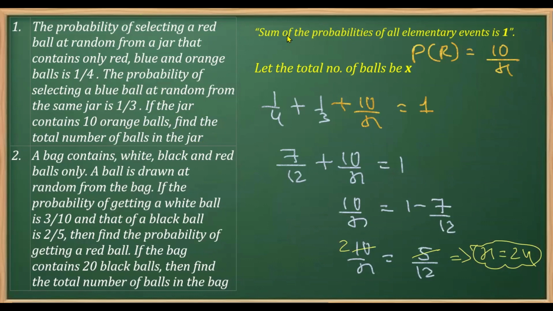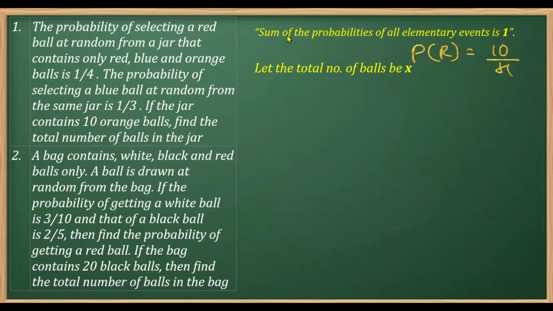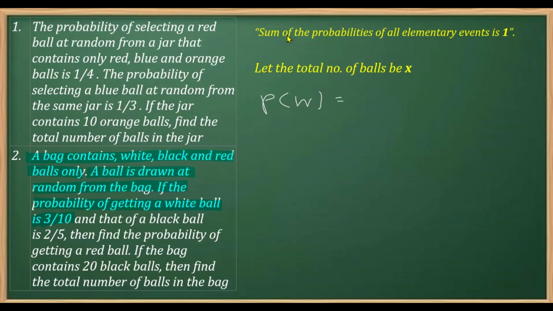Now I'll continue to do the next part. Next question here: a bag contains white, black, and red balls only. A ball is drawn at random. The probability of getting a white ball is 3 over 10. So I write down the probability of getting a white ball is 3 over 10.